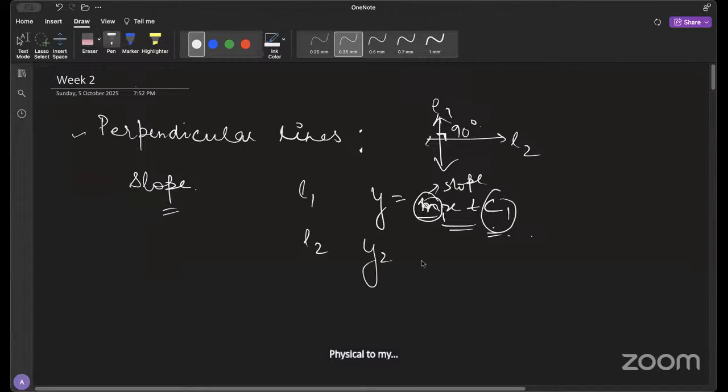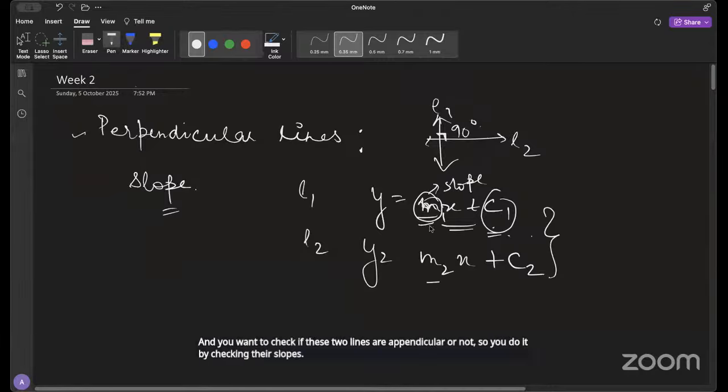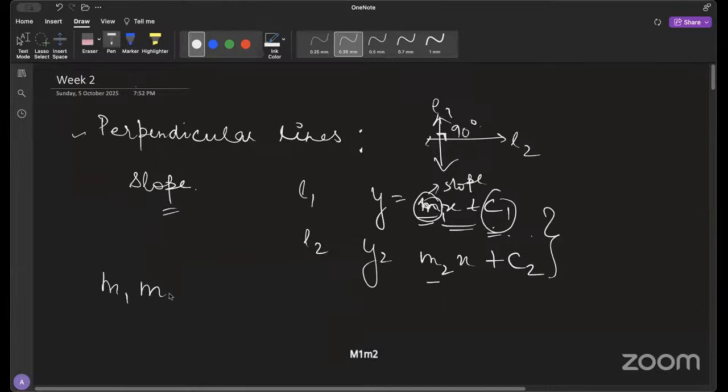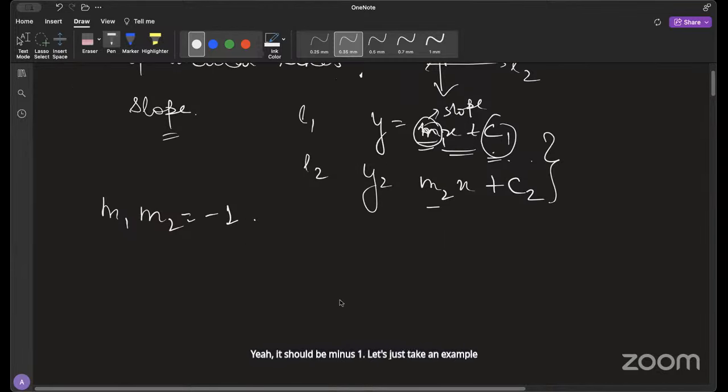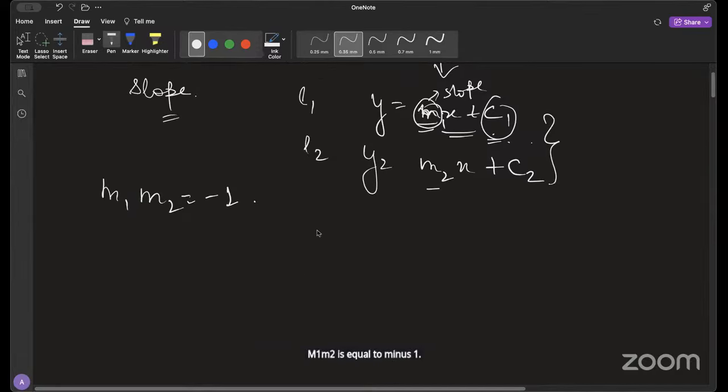Let's say you have the other equation as this, and you want to check if these two lines are perpendicular or not. You do it by checking their slopes. M1 times M2 is equal to -1. Let's take an example. Let's say you have 3y plus 2x equals 4.